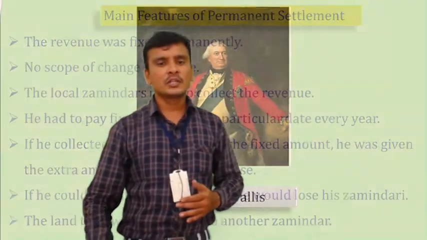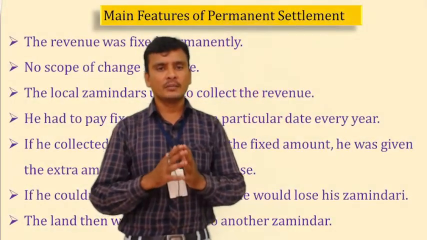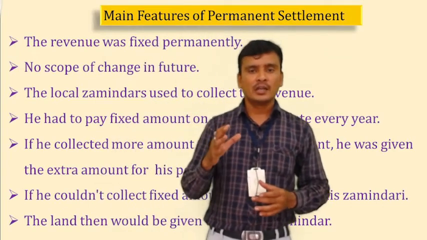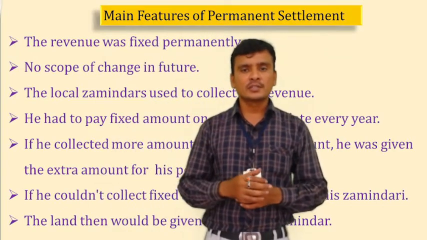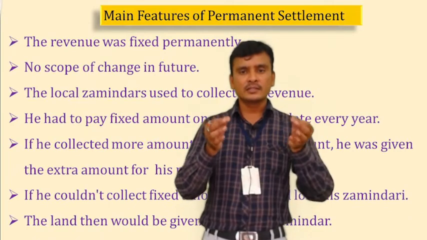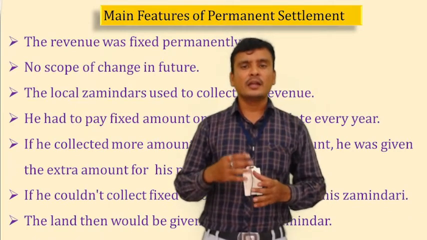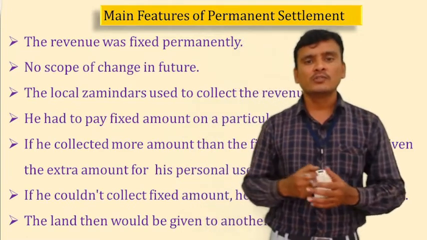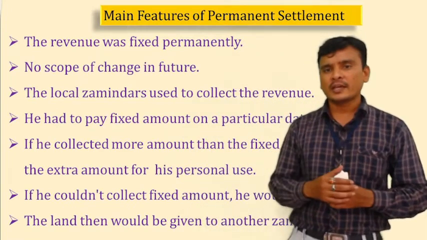Now we are going to see the features of this settlement. The revenue was fixed permanently. As its name itself suggests, there was no scope to change it in the future. And who used to collect that revenue?